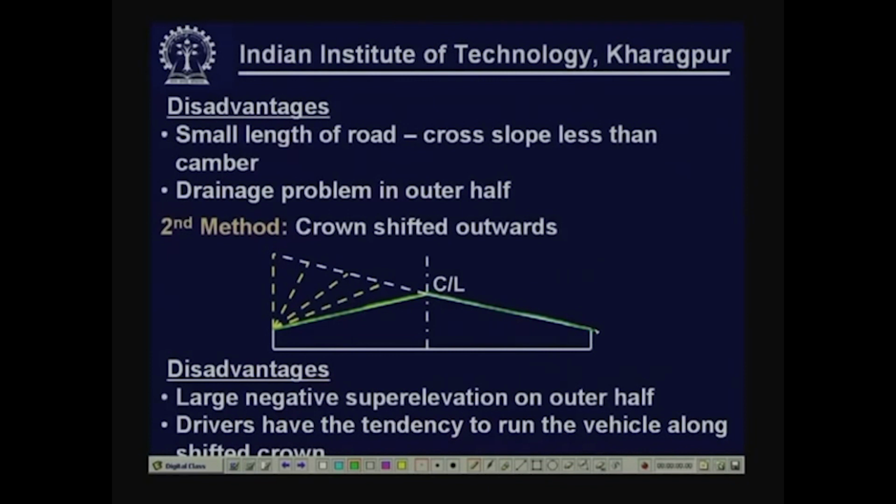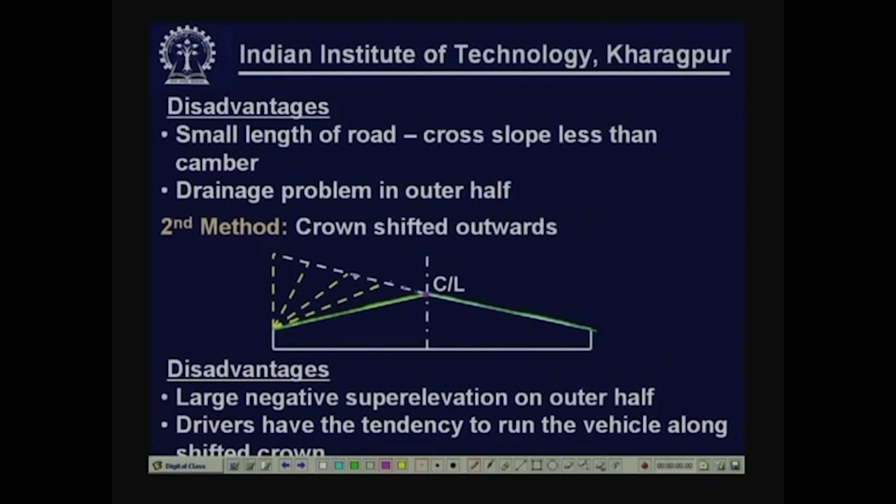Now, instead of rotating the outer edge with respect to the center line, the crown itself is progressively shifted towards the outer edge. So, like this, let me show it by another color. Say if this is the position of crown, gradually the crown is shifted.